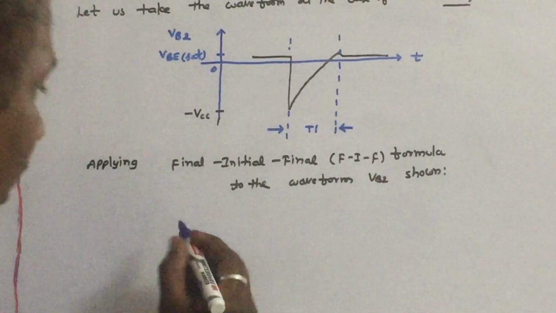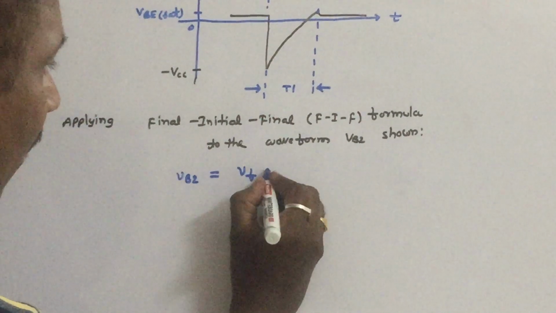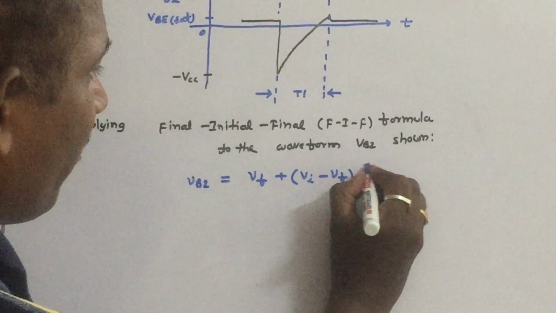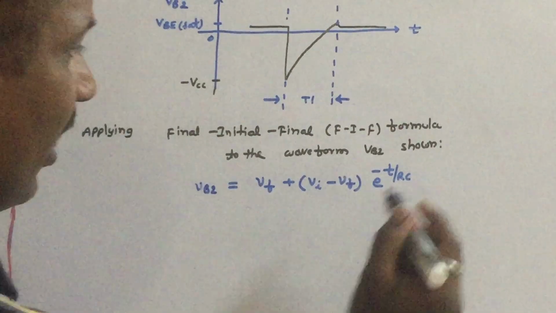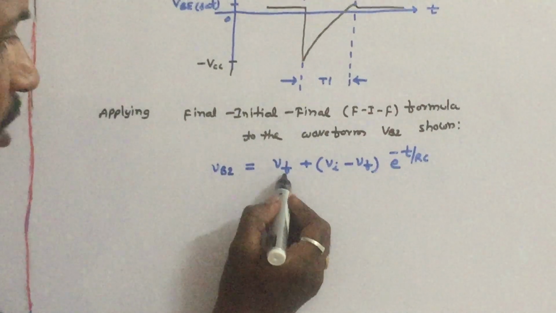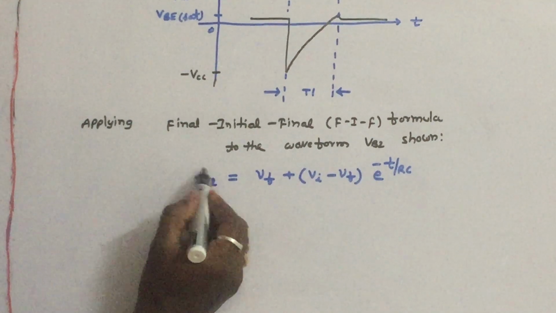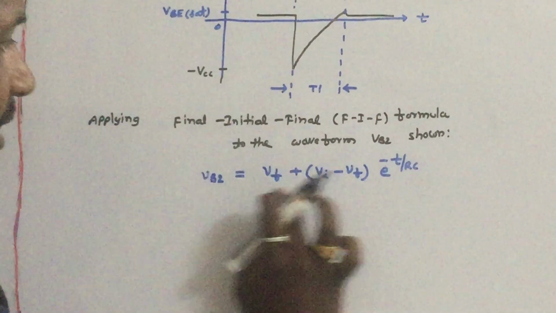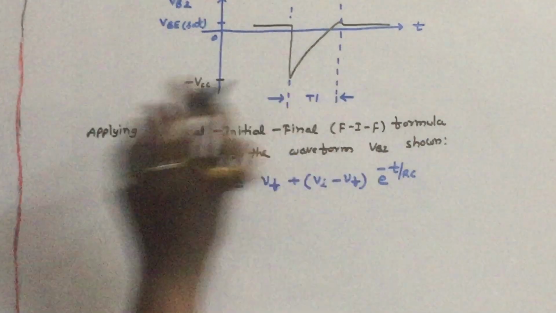It is a simple formula: VB2 is equal to V final plus V initial minus V final into e power minus t by RC. In this equation you have to clearly identify the initial value and final value of the waveform, and at t equal to T1, what the base voltage is and what the time constant is. These points are very important. Once you substitute, you will get the expression for T1.